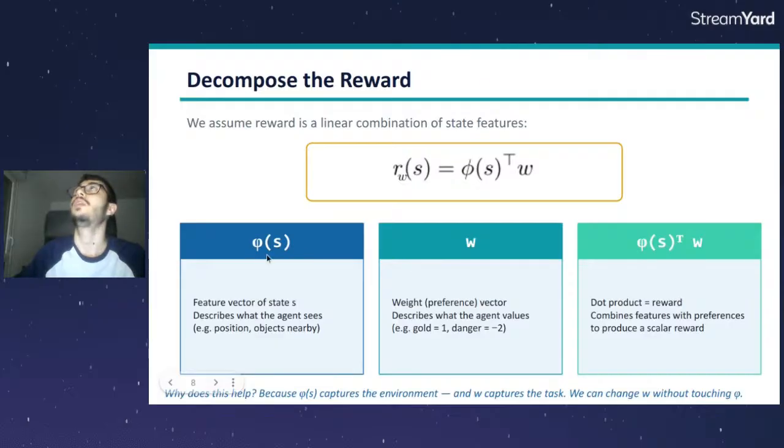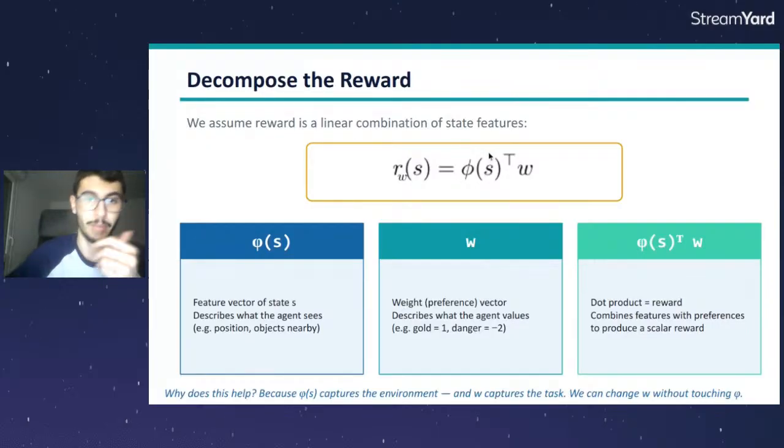For example, in phi of S, say the fifth dimension represents how many objects we collected. And in W, in the fifth dimension of the task vector, we have a high scalar. It means that this reward function is going to favor collecting as many objects as possible. If we invert that, if we put a very low value for the fifth dimension, it means that this reward function favors not having any objects in our collection.